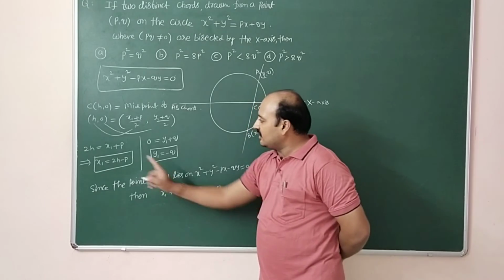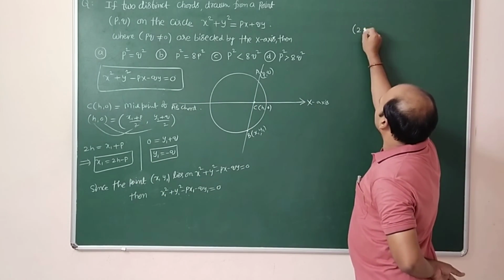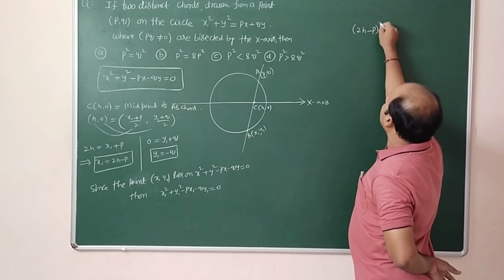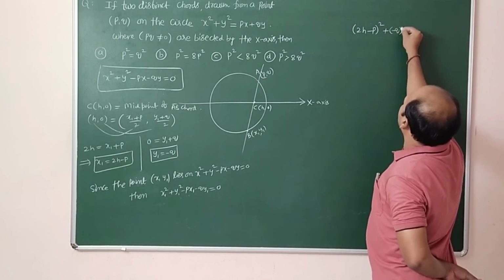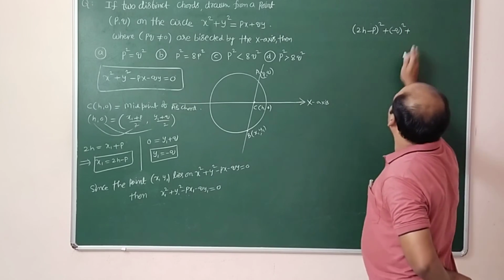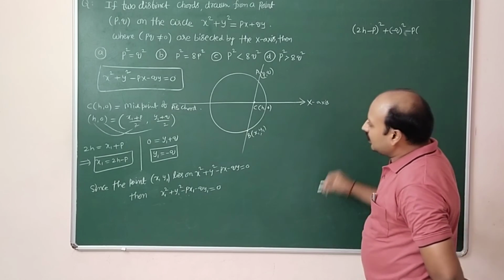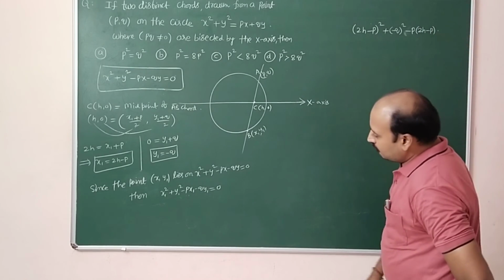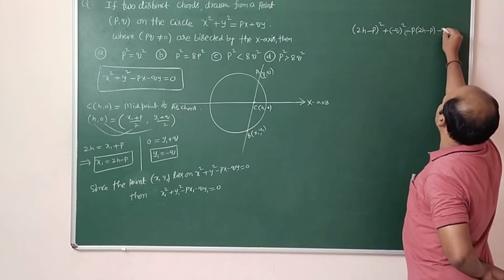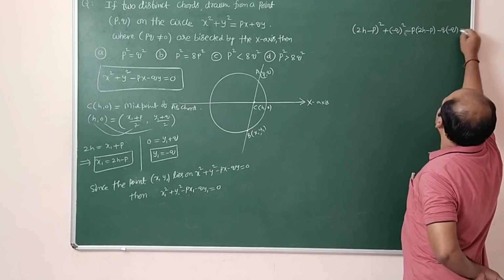In place of x1, y1, substitute these values. So it becomes (2h − p)² + (−q)² − p(2h − p) − q(−q) = 0.